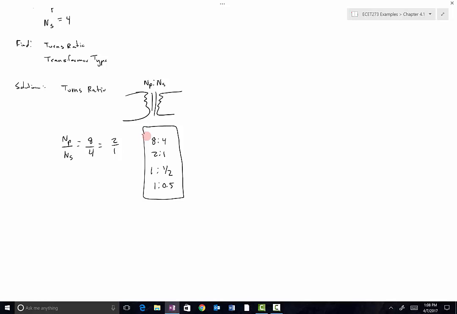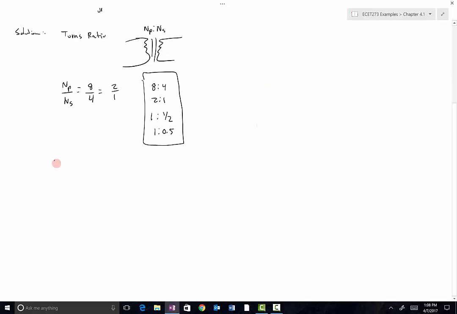So after having identified the turns ratio, we need to use it to identify the transformer type. There are in general 3 types of transformers: a step up, a step down, and an isolation.